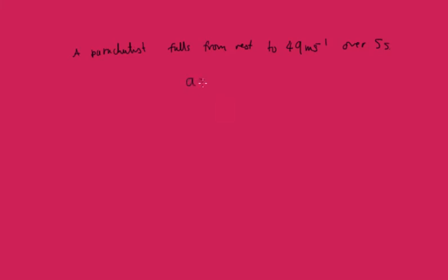So a equals the final speed minus the initial speed over t. So the final speed is 49. The initial speed is at rest, so the initial speed is 0. And it's over 5 seconds. So that's pretty simple. So it's 9.8 meters per second squared. And later on you will find that this number is very important because that is the acceleration due to gravity.